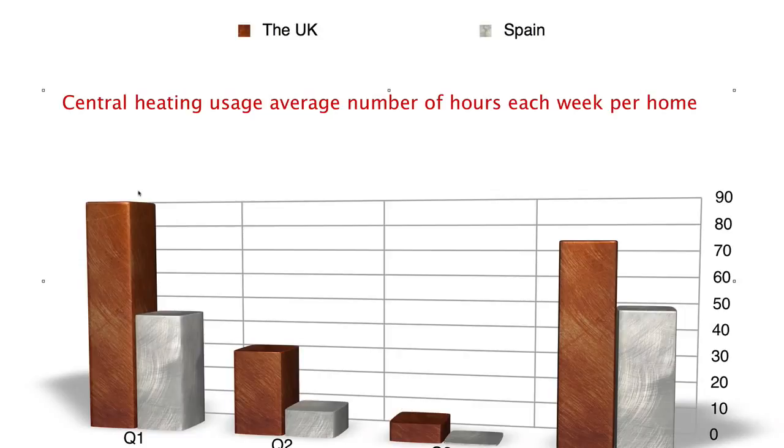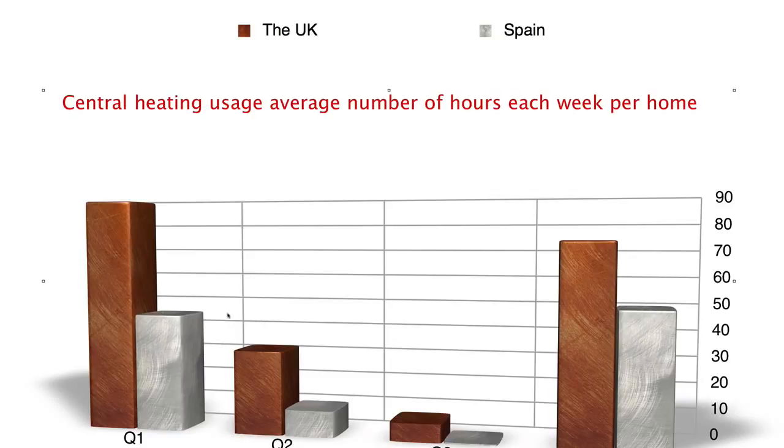There was a dramatic downward trend. If we compare Q1 and Q3 in the UK, there was a massive drop in usage of central heating. And from Q3 to Q4, there was a marked, drastic increase in central heating usage.